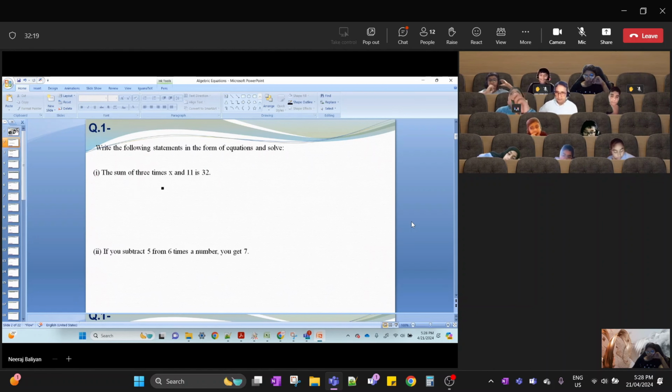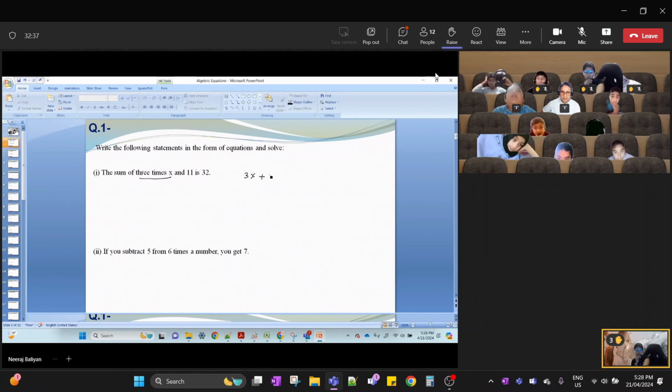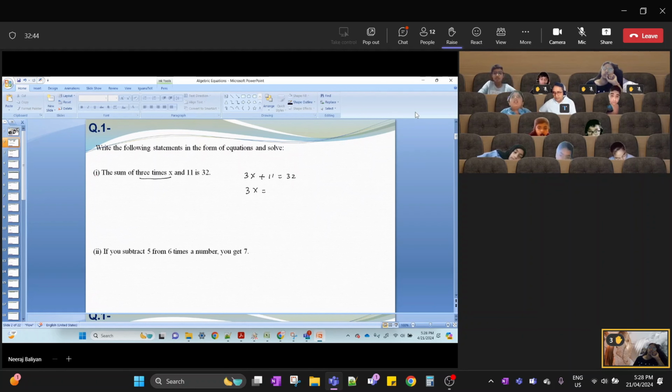Is it going to be x plus 11 times 3? No, it's saying 3 times x. So 3x plus 11 is equal to 32. So now 3x is equal to what?